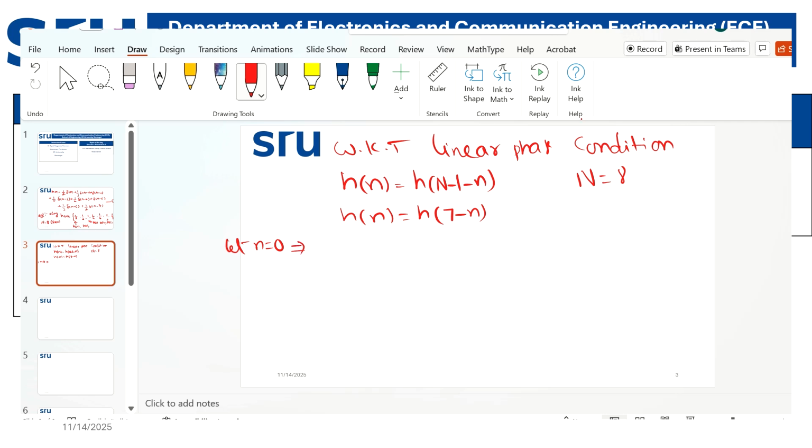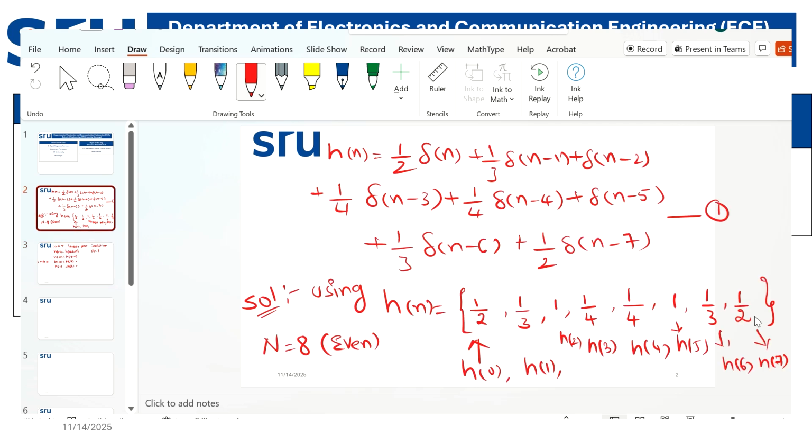If I substitute n is equal to 0, then h of 0 is equal to h of 7. From the previous analysis, we know the h of 0 coefficient is 1 by 2. Here itself you can identify h of 0 is equal to h of 7.